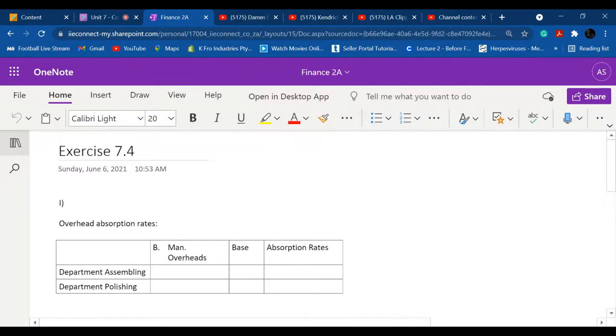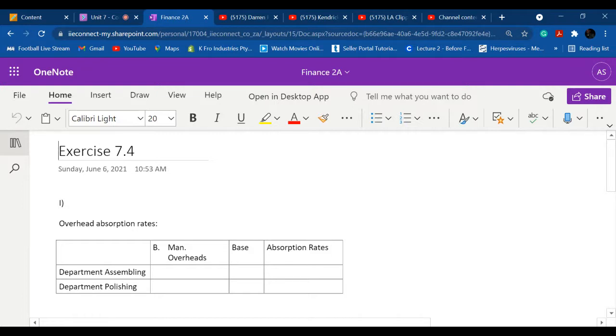Under the required, they say there, calculate the predetermined overhead absorption rate for each department. We've done it. Okay. Second bit, complete a job cost chart for job TT321, which indicates the following: cost of job TT321, total cost.